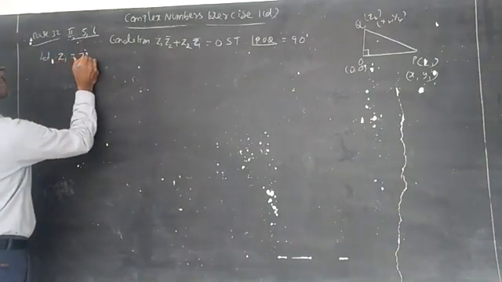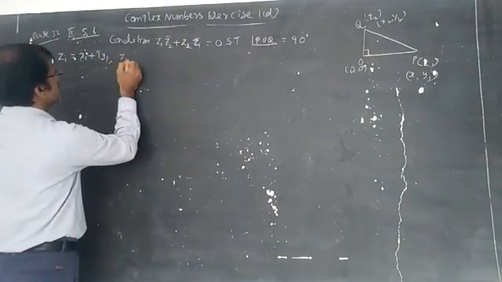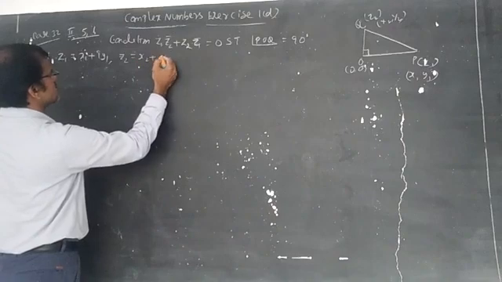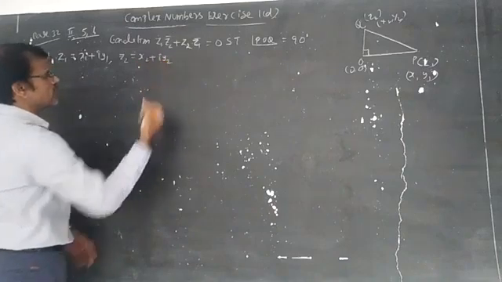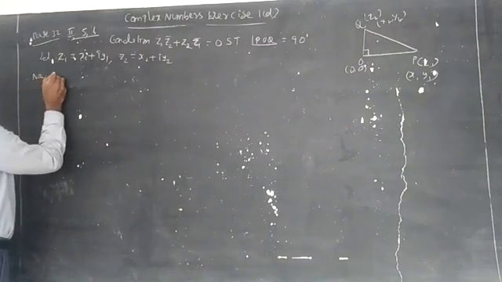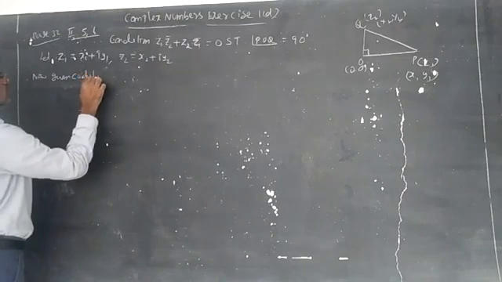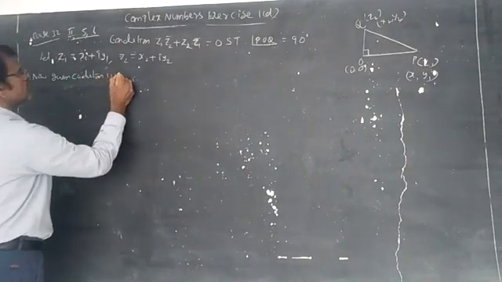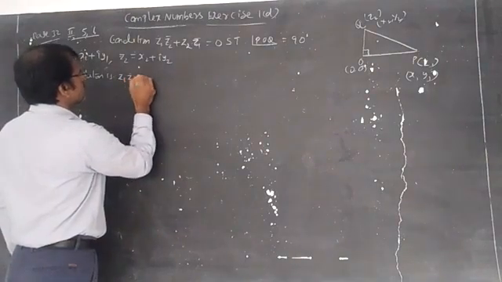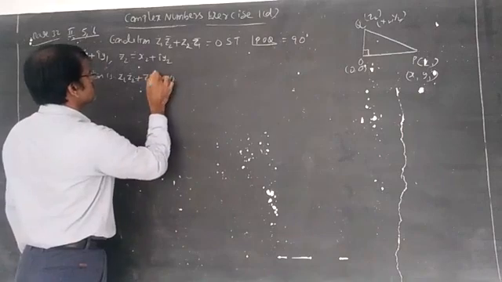Z1 is equal to x1 plus i y1 and Z2 is equal to x2 plus i y2. Now the given condition is Z1 Z2 bar plus Z2 Z1 bar equal to 0.